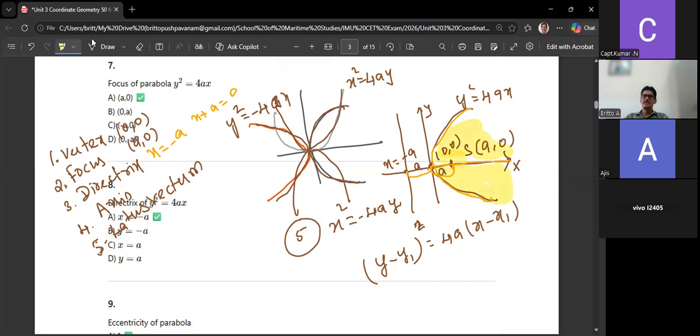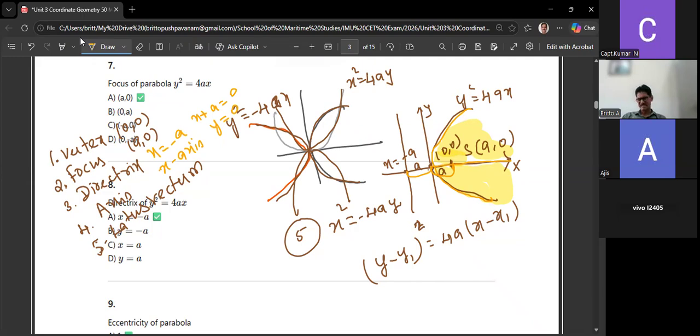So the axis of the parabola y squared equal to 4ax is the x-axis. What is the equation of the x-axis? The x-axis equation is y equal to 0. So the fourth point to remember in a parabola is the axis.